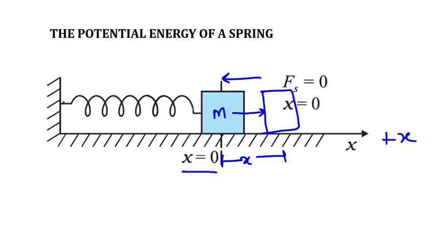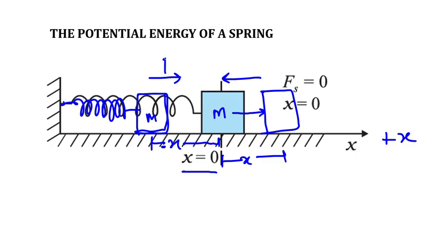What if we have displaced this block the other way here? In this case also, the spring will be acting on this block. Let's say this is minus x. But this time the spring will act along the positive x direction.